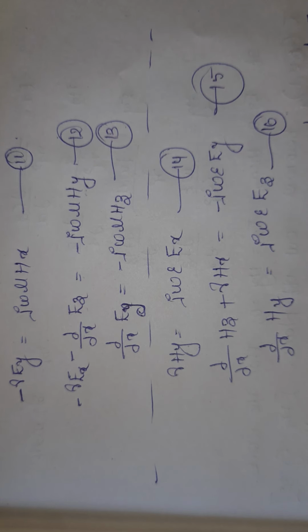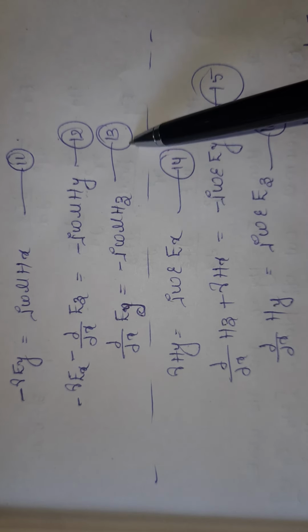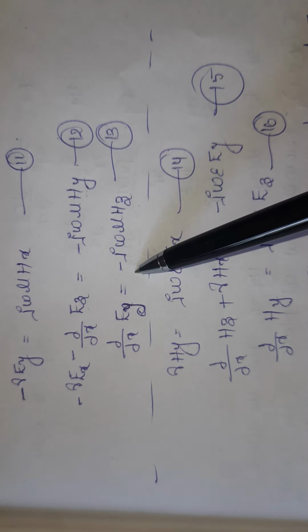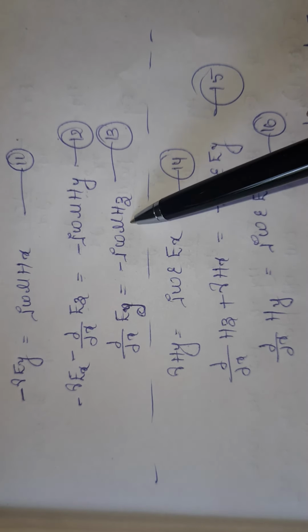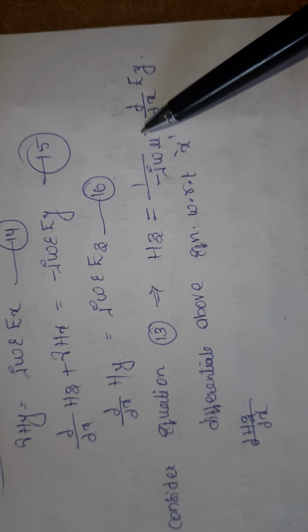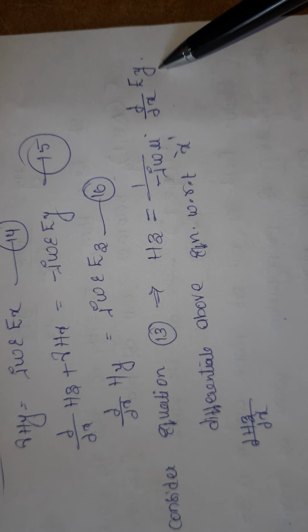Now to get Ey and Hy, consider equation 13 and take out Hx equal to. I'll get Hx equal to minus 1 by j omega mu into dou by dou x of Ey.